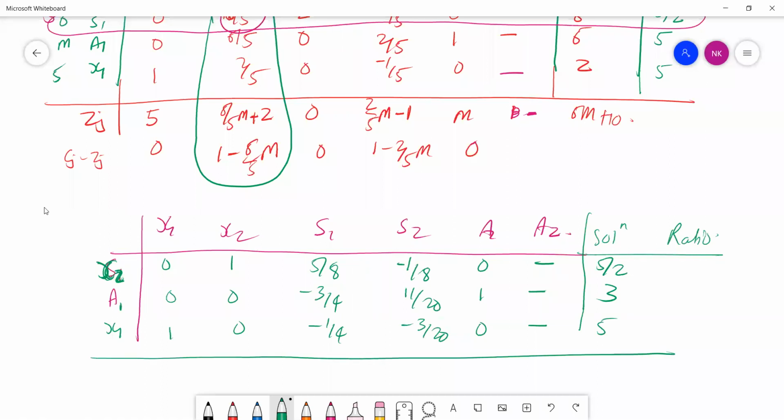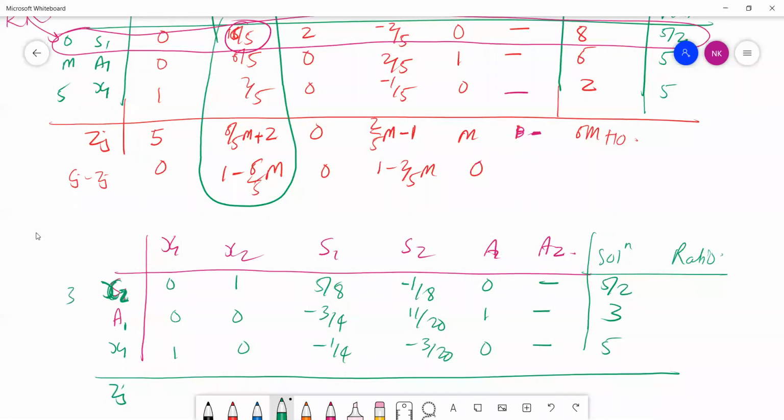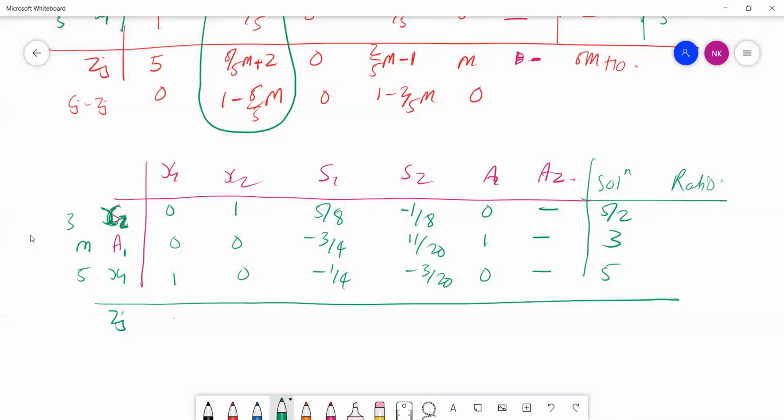Okay. So let's say Zj. So X2, what is the coefficient of X2? I need to check. X2 is having 3, M and this will be 5. So let's multiply this. It will be 5. Then this will be 3.